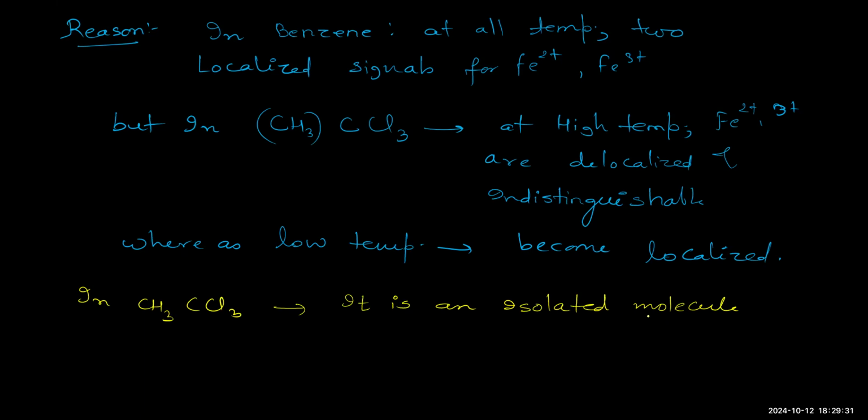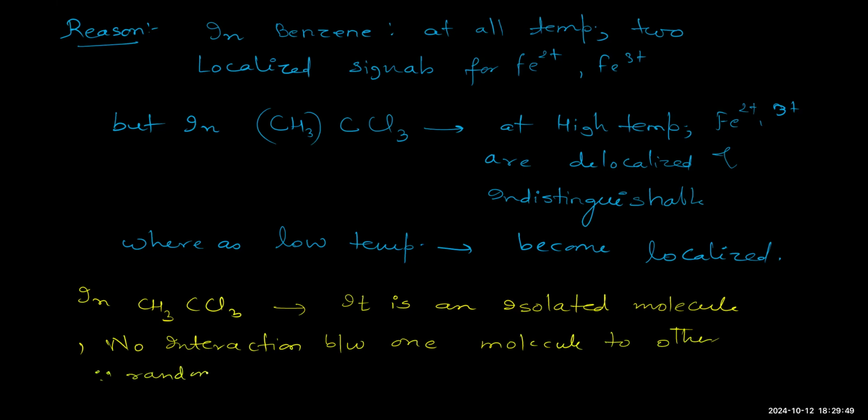Isolated means that there is no interaction between one molecule to another, and because of the random motion, they become kind of delocalized, and iron 2.5 is observed.